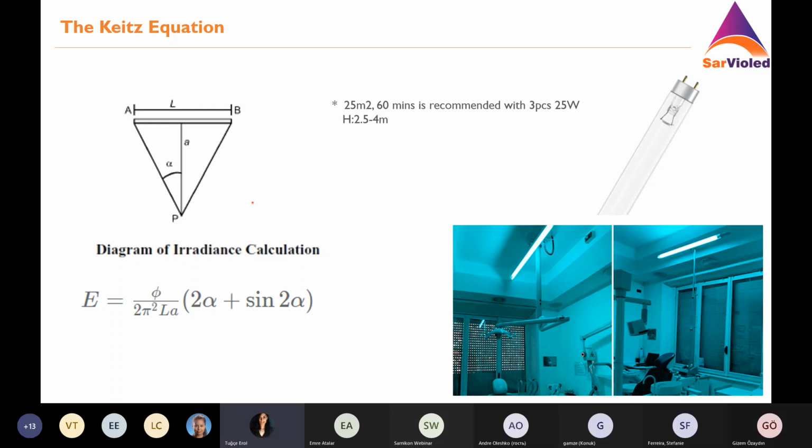So if you can share with us the square centimeters of the room you want to disinfect, we can make some calculations and offer you the perfect solution. I hope it explains your question, Luca. If you can send your email address, we will be glad to share that with you.